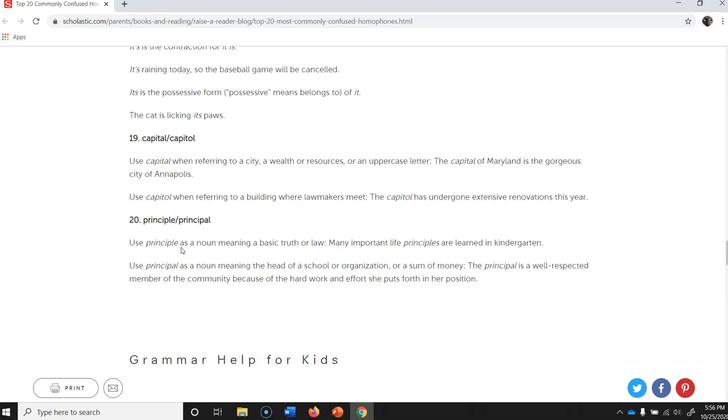Okay, so if I were to say the principal's name is Mrs. Jones, I'm referring to the head of a school or an organization. I could also say, right, the principal that is owing on the house, okay, is $200,000. In that case, I'm talking about an amount of money. So I'm going to use PAL. But normally, when we're talking about principles, we're talking about them as the PLE form. We're talking about basic truths or laws.